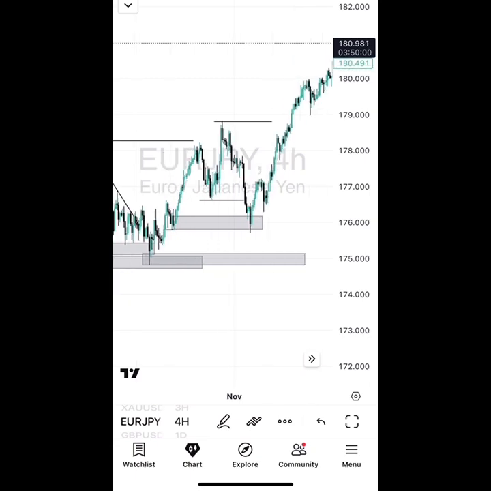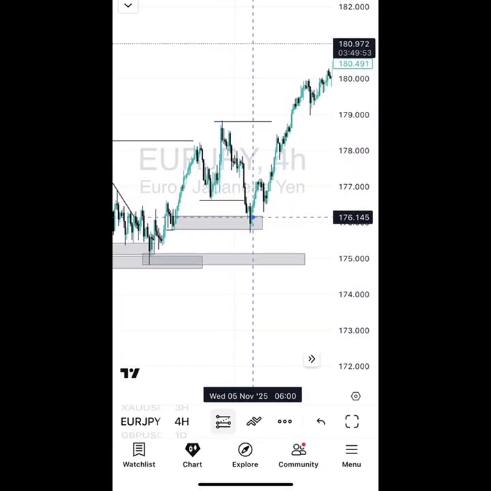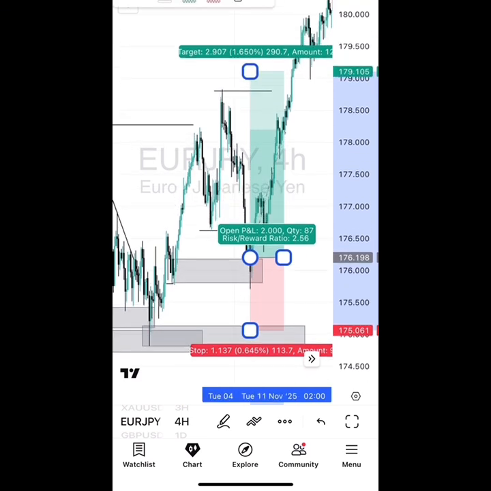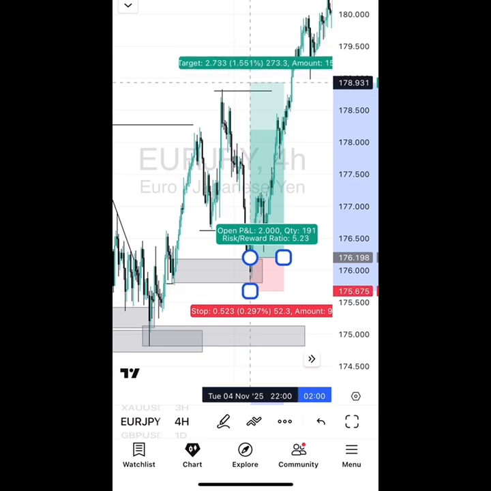So what did I do? I targeted my external range liquidity, which was the new high, and I brought out my long position tool and placed it, and I targeted that particular area. Then my stop loss was just at this place. I think it was a 5RR trade.